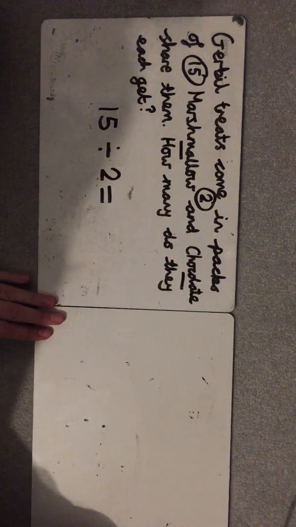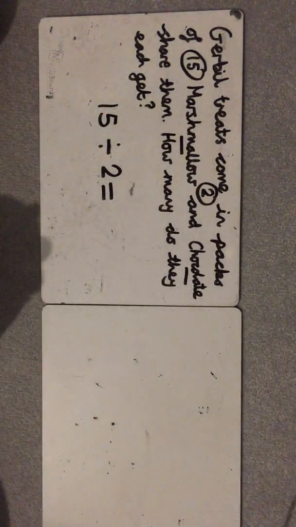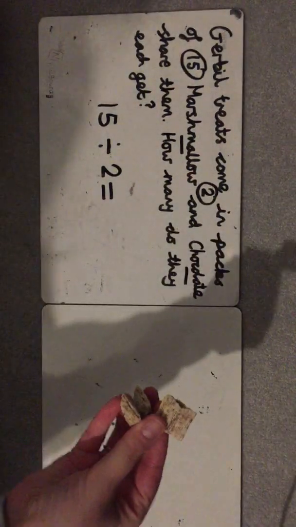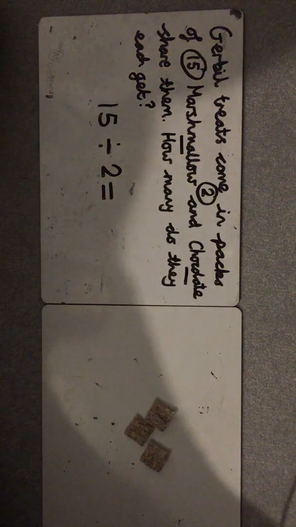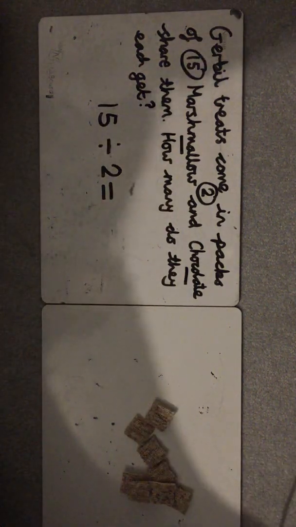As usual, I've been borrowing Marshmallow and Chocolate's treats and food to help us with some maths. They won't mind. Okay, they look a little bit like cereal actually. They love things with wheat in and fruit. So these have got cranberry and strawberries in.